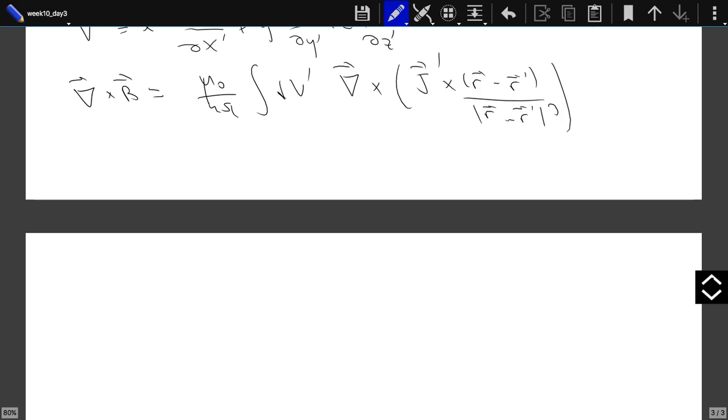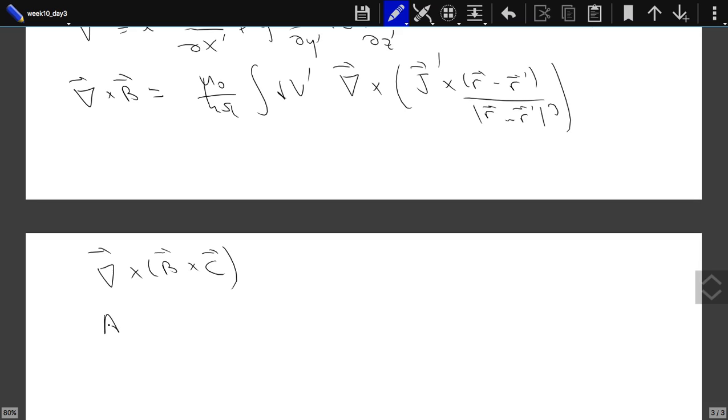Now we have this vector identity. Or let's just calculate the curl of the product of two vector fields. Now this B is not the magnetic induction, it's just an arbitrary vector field. This is another arbitrary vector field. So that's what I would like to calculate.